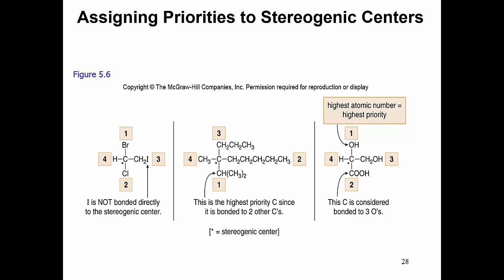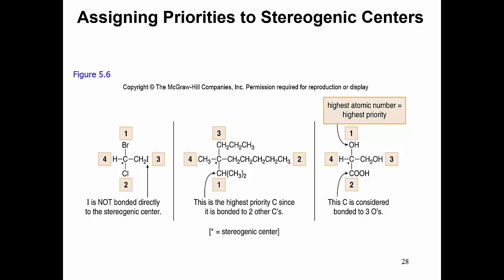In fact, it's connected to 3 oxygens. You count the one that's double bonded to the carbon twice, and then there's a third one. Because that's got 3 oxygens attached to the carbon, whereas the CH2OH group only has 1 oxygen attached to the carbon, the carboxylic acid group is the higher priority.